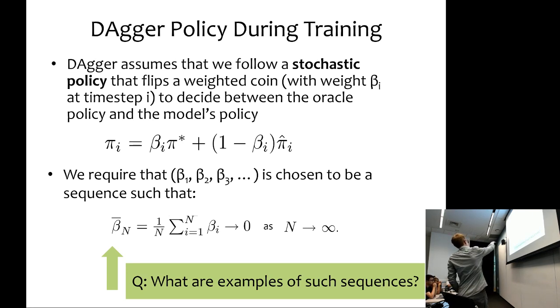The requirement is that the sequence beta 1, beta 2, beta 3, all the way through each of the time steps of our learning process, is chosen so that the average of that sequence goes to 0 as the number of training iterations, n, goes to infinity.